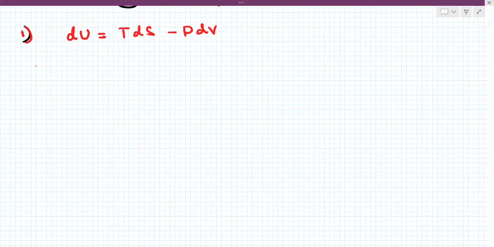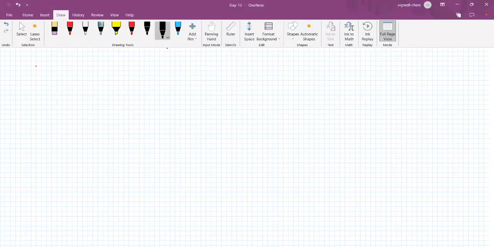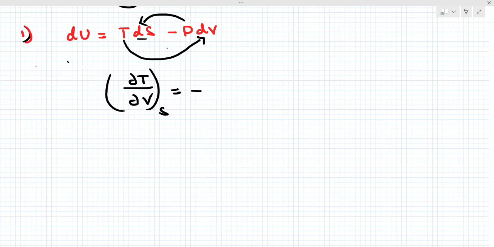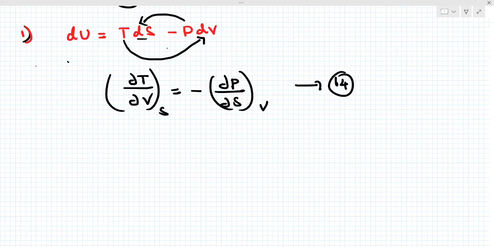Now see, that's a very important one. (∂T/∂V) at constant entropy is equal to minus (∂P/∂S) at constant volume. This is relation number 14. You got the point? How I write the equation is very important: first (∂T/∂V) at constant entropy, then you have to put a minus sign, and (∂P/∂S) at constant volume.